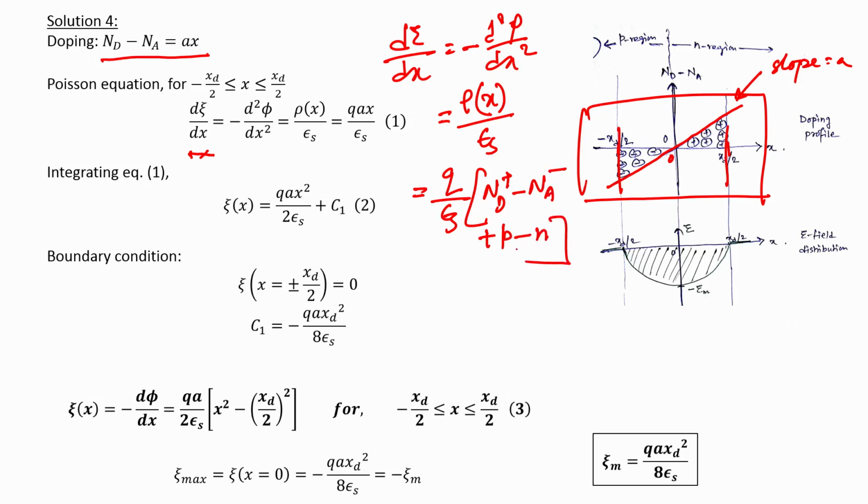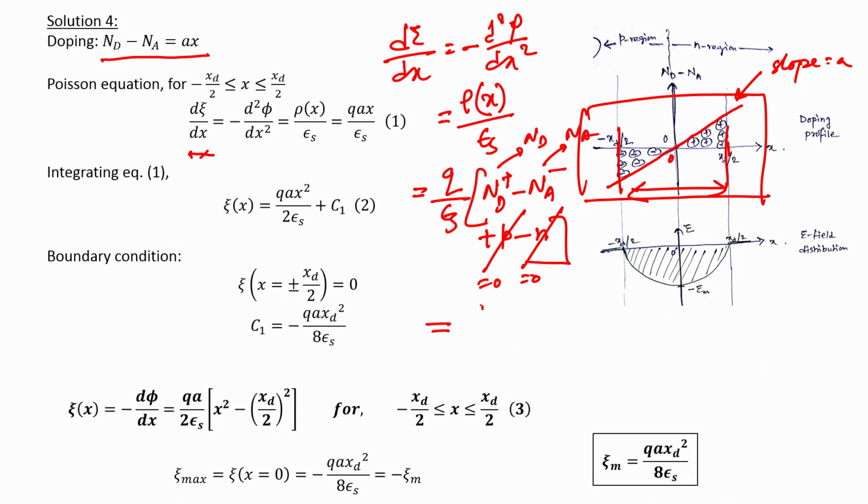Now here the first assumption is that you can consider this a fully depleted region. So we can consider that p and n can be considered as 0. The next assumption is full ionization of the dopant atoms. So we can consider now Nd plus is equal to Nd and Na minus equal to Na.